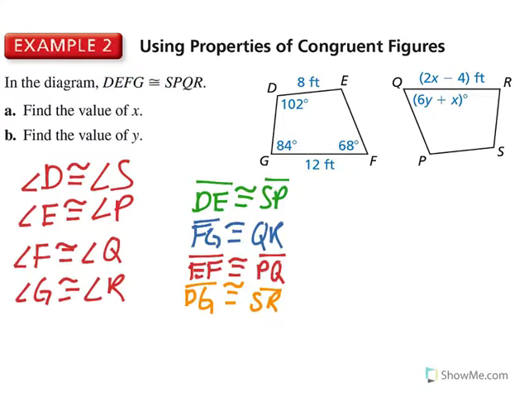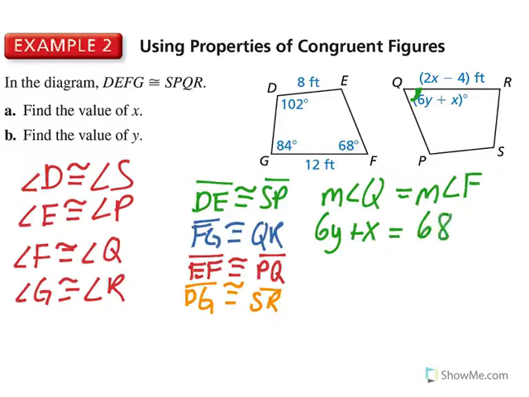So now that we've kind of looked at those, let's go ahead and look at our problem. We just need to find the value of x first for A. So if I notice x is on this angle here of Q, well, I know that Q is congruent with angle F. So that means the measure of angle Q, since it's congruent with angle F, is going to be equal to the measure of angle F. So now I can just substitute. So I have 6y plus x is equal to the measure of angle F, which is 68.